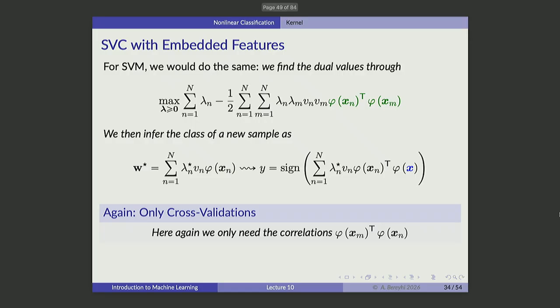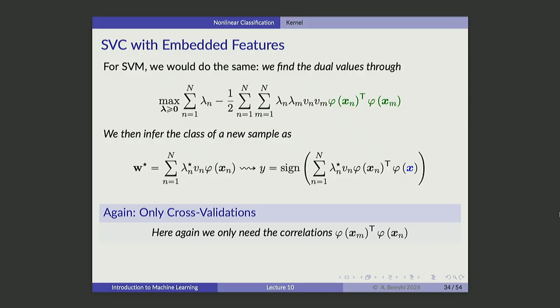So the key point here is that you don't really need to know phi itself. The only thing you need, both in training, in finding the right model, and in doing the classification, is to check the cross-correlations. And the cross-correlation is a very low dimensional function. Phi could be 1,000 dimensions, but phi inner producted with itself at another point is always one number.